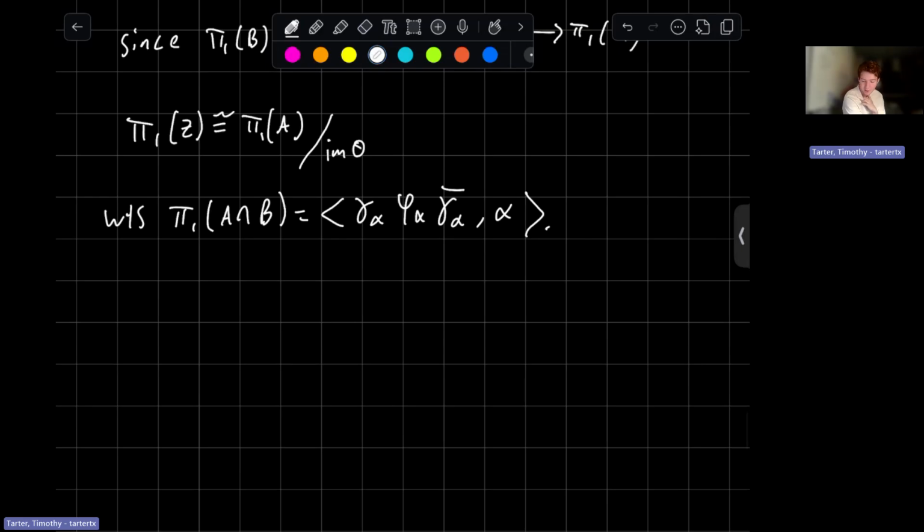This can be shown by another application of Van Kampen's theorem, this time to the cover of A intersect B by the open sets.